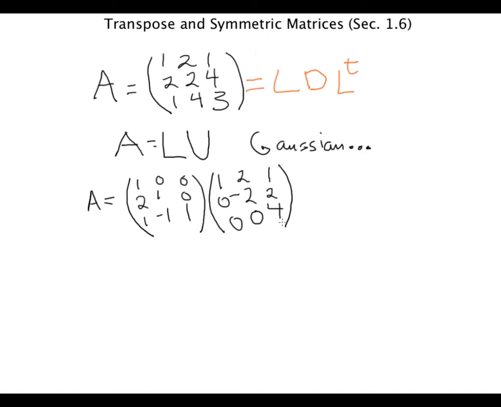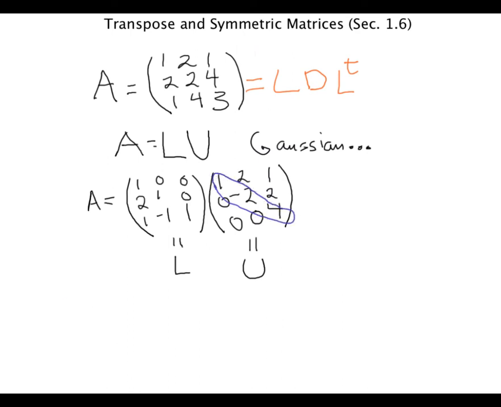So what do you do now? This is my L, and this is my U. And the cool thing about symmetric matrices is that you're done. You don't have to do any more work. The point is that you already know L transpose, because you already know L, and you already know D, because D is simply the diagonal of this matrix right here.